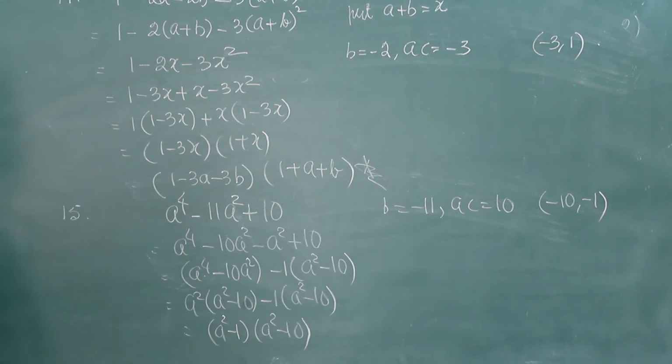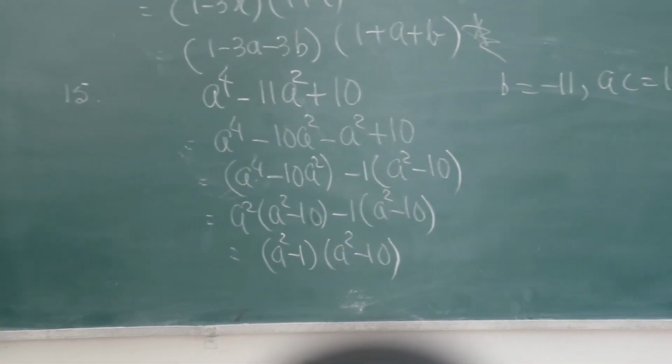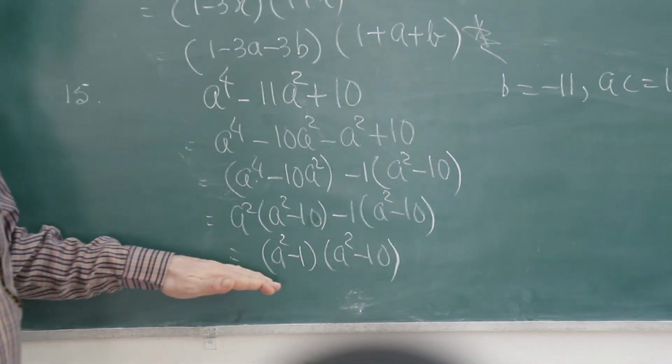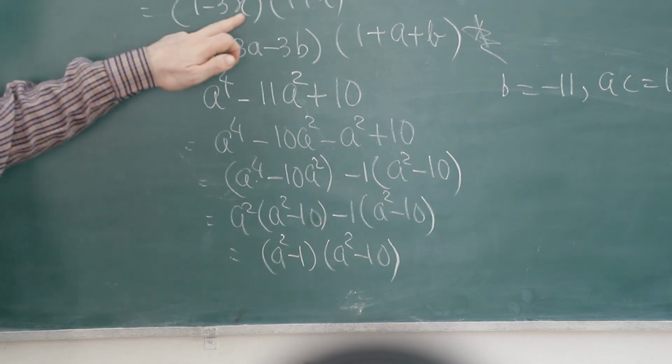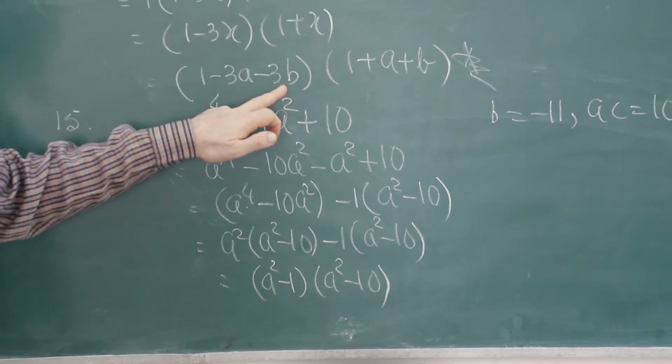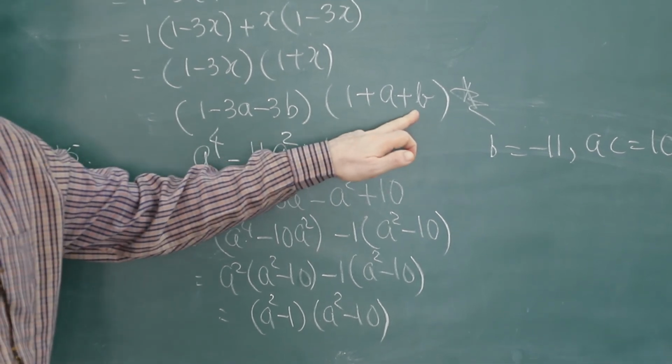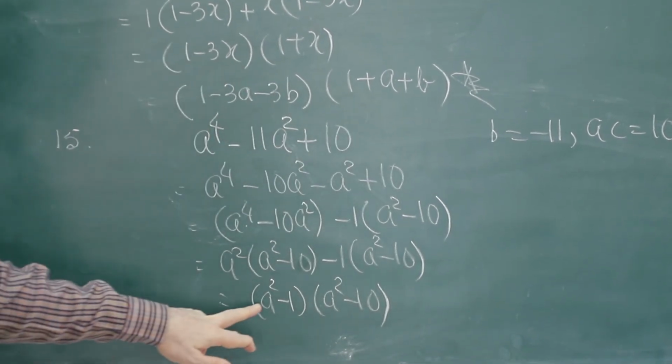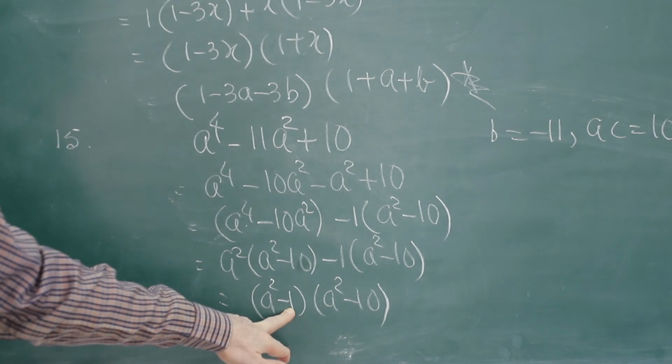We told you that we keep factorizing till the final factor is obtained. In the earlier question, like 1 minus 3a minus 3b, 1 plus a plus b, we could not factorize further. But a square minus 1 is a difference of squares.